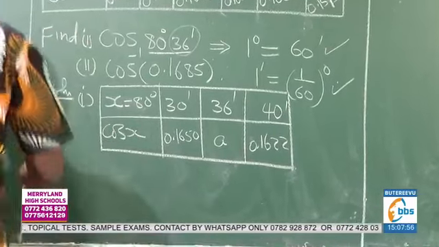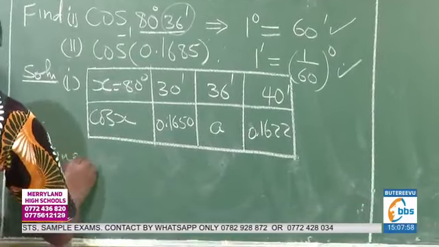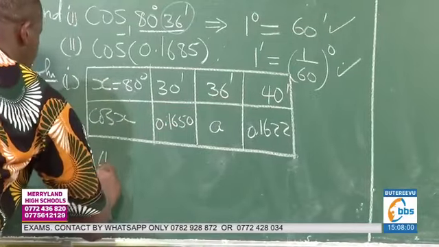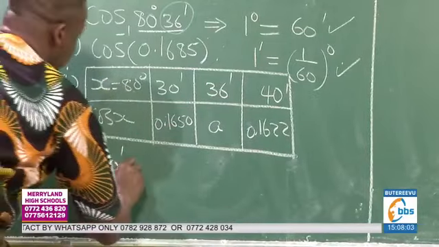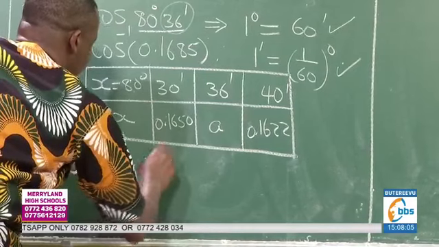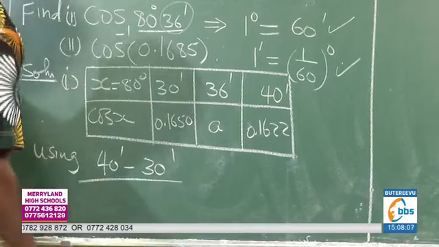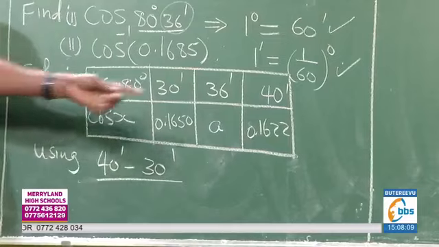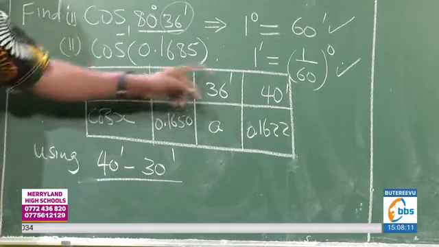So using our formula, we shall use that 40 minutes, and because they are minutes, you must indicate that, minus 30 minutes. It is a two-way. We could choose to use that over the next.